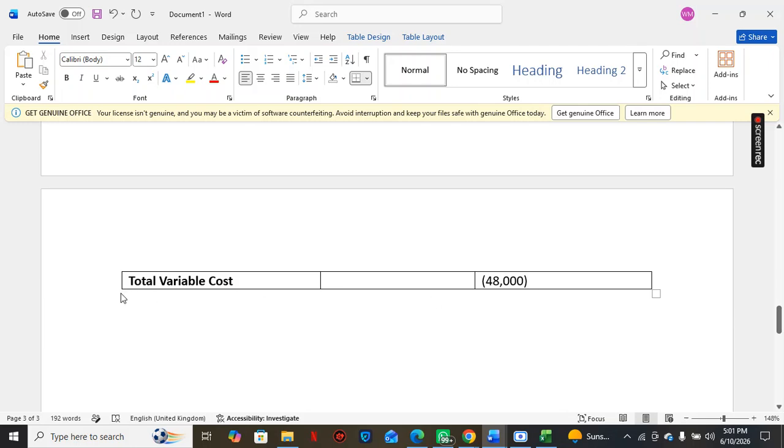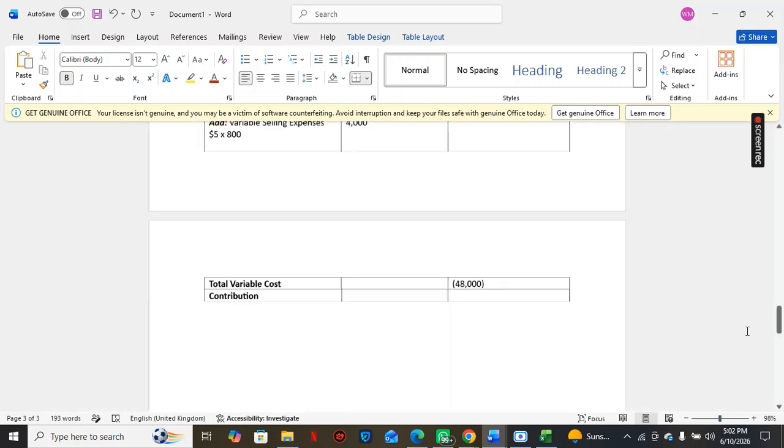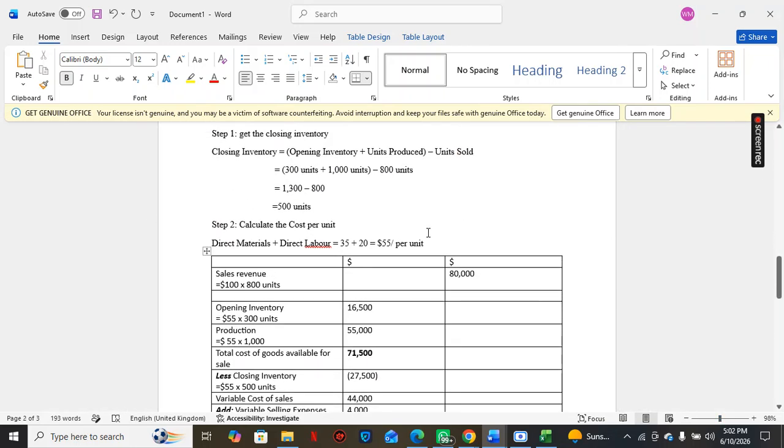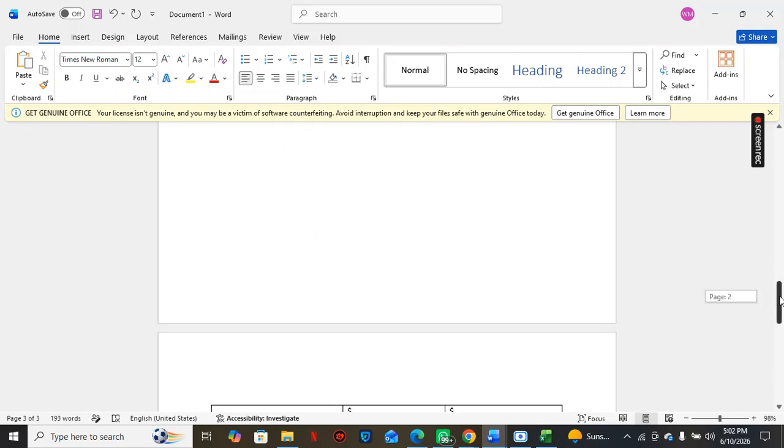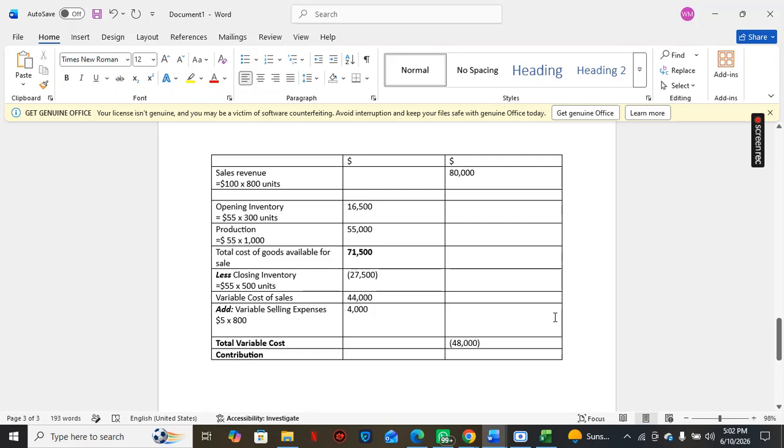We can now get our contribution. Remember, contribution is sales revenue minus variable costs. So 80,000 minus 48,000 gives 32,000 as the contribution.